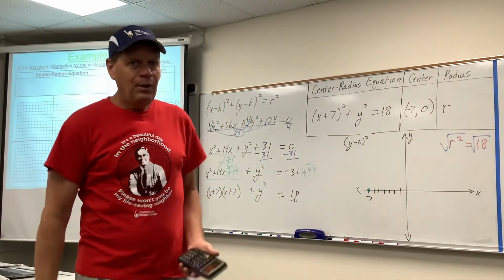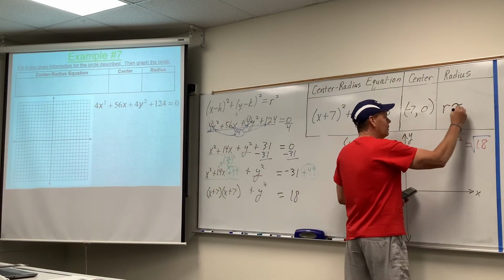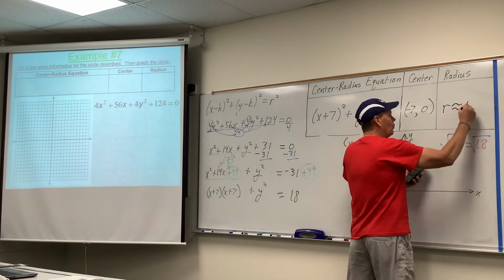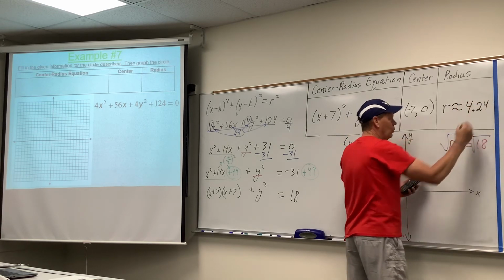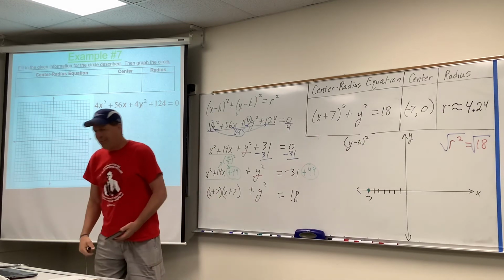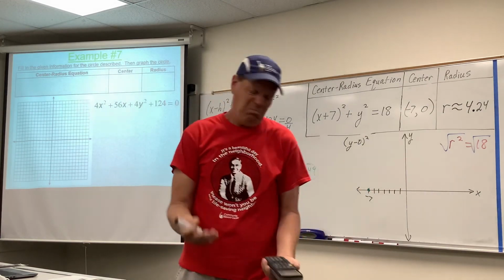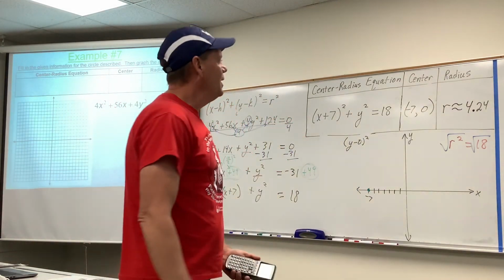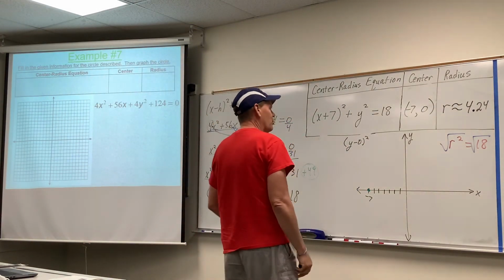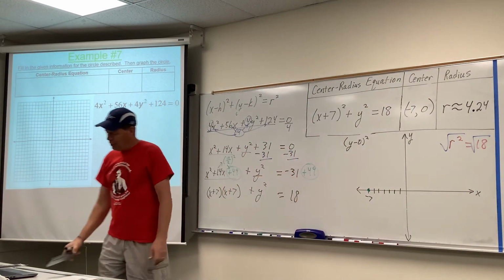Okay, big deal. Your radius can be an approximate number. If you round that off, it's something like 4.24. 18 is not a perfect square, therefore its square root was weird. Oh no, that can't be a radius. Why not? The square root of 18 is approximately 4 1/4. Yeah, a radius can be a decimal.